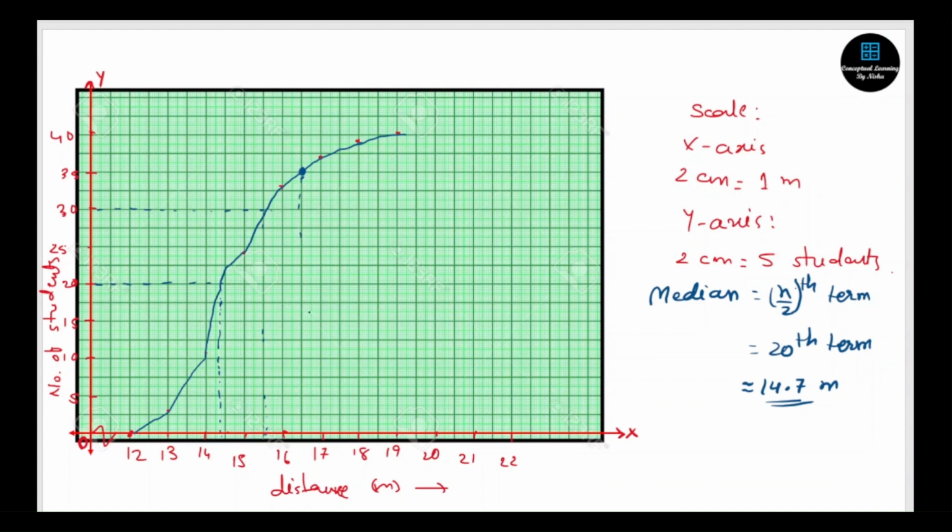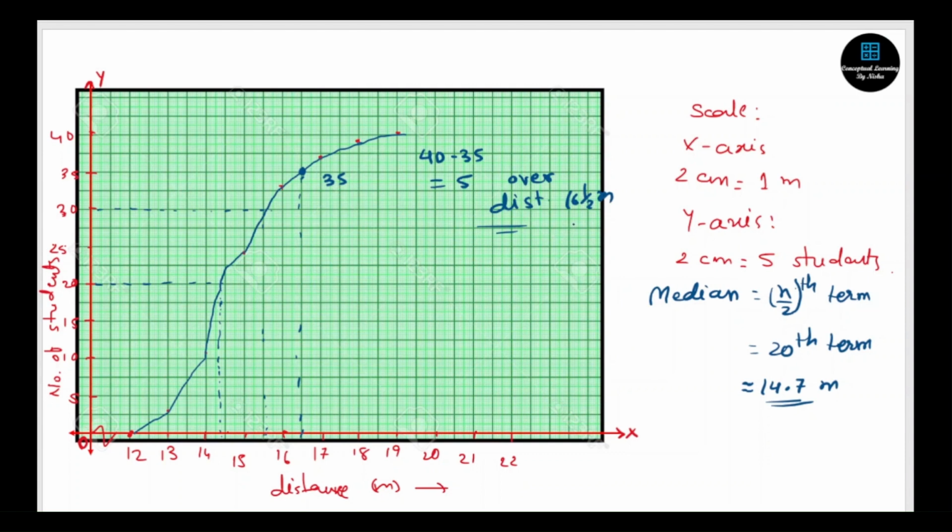We have taken 16.5 over here, so I'll get 35. So total 40 minus 35, so we'll get 5. So 5 students cover a distance above 16.5 meter. You have to write the proper answer in your answer sheet. You have to show it over there.